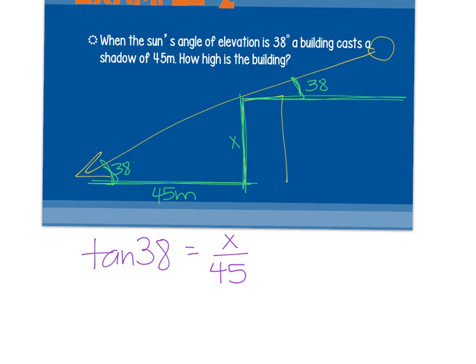And then just like the last time, multiply the 45 on either side. And this is 35.2 meters. If it said approximate, or round to the nearest whole number or nearest tenth, just pay attention to what it says. On the test, I think I have you rounding to the nearest tenth, which would mean 35.2.